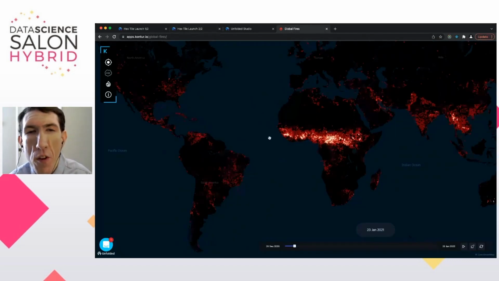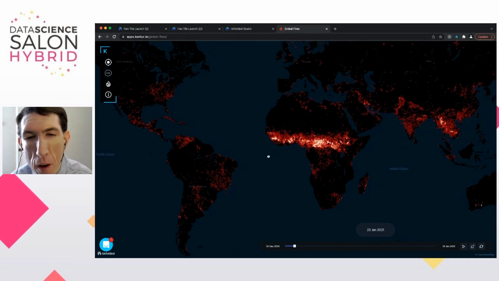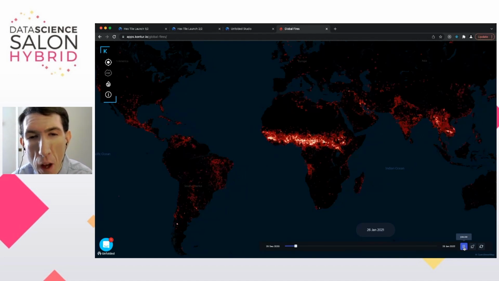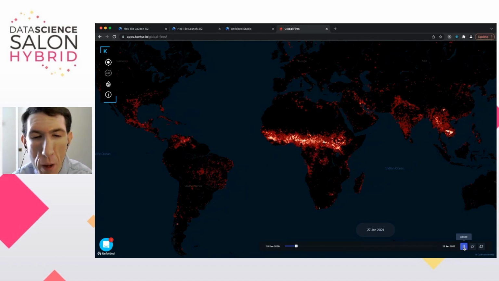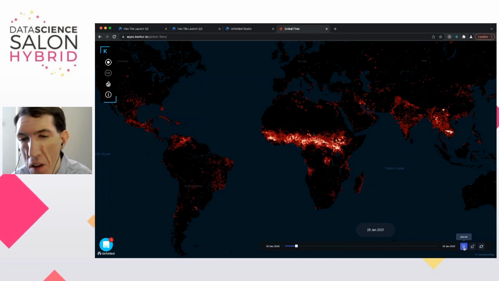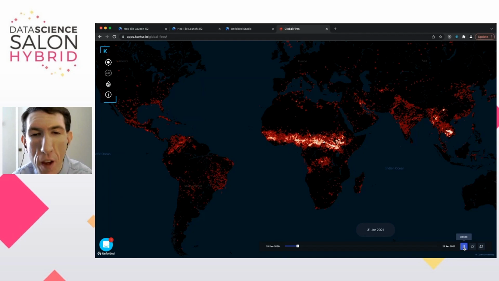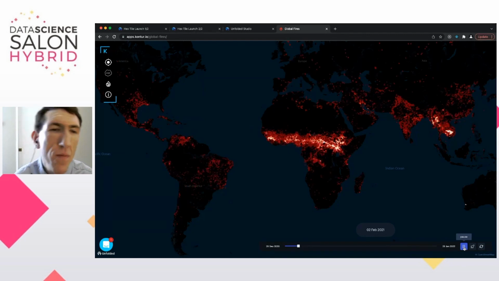One more thing I wanted to show here is this global fire map made by our partner at Contour. So this map is showing global wildfires across the world, and I can actually play through this map here in my browser, and I can actually see how these fires are evolving over time.